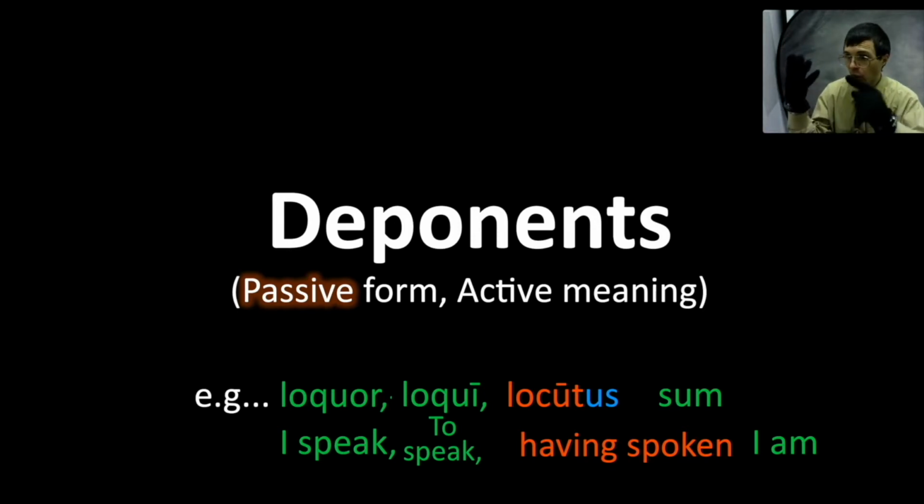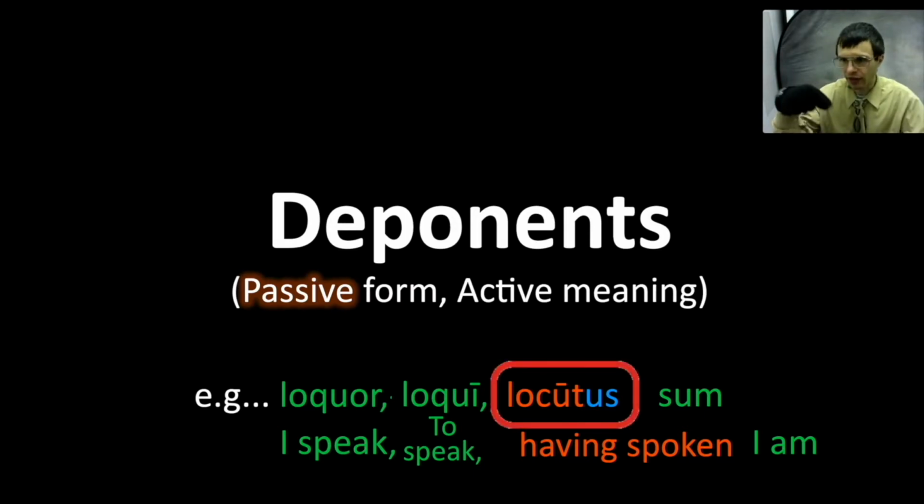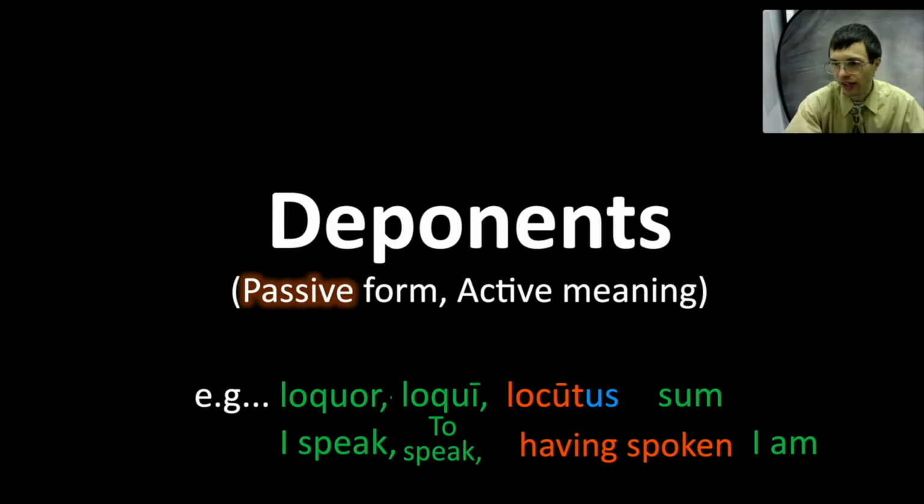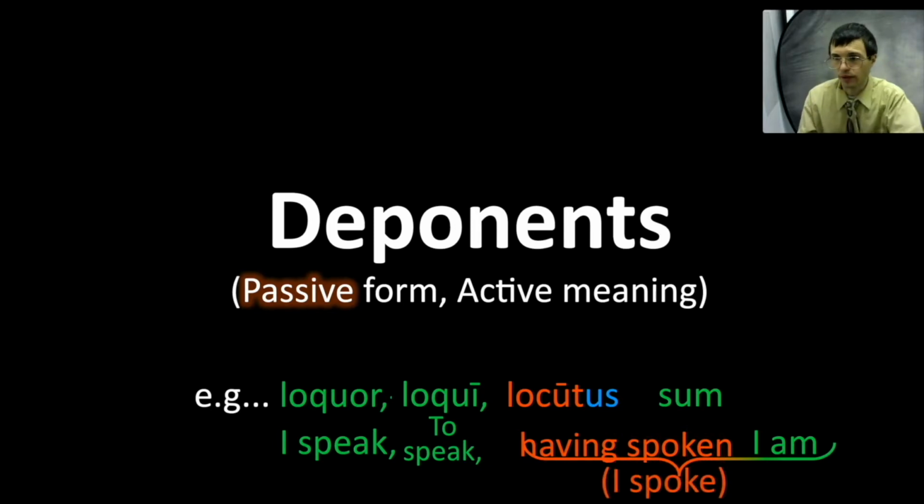But these are deponents, so even though this looks like a passive form, it's actually active voice. So that's why it is "I am having spoken," or just "I spoke." So this form here, even though it looks like a fourth principal part, like a PPP, actually is closer to the third principal part, like traxi, because traxi meant "I dragged," and this means "I spoke."